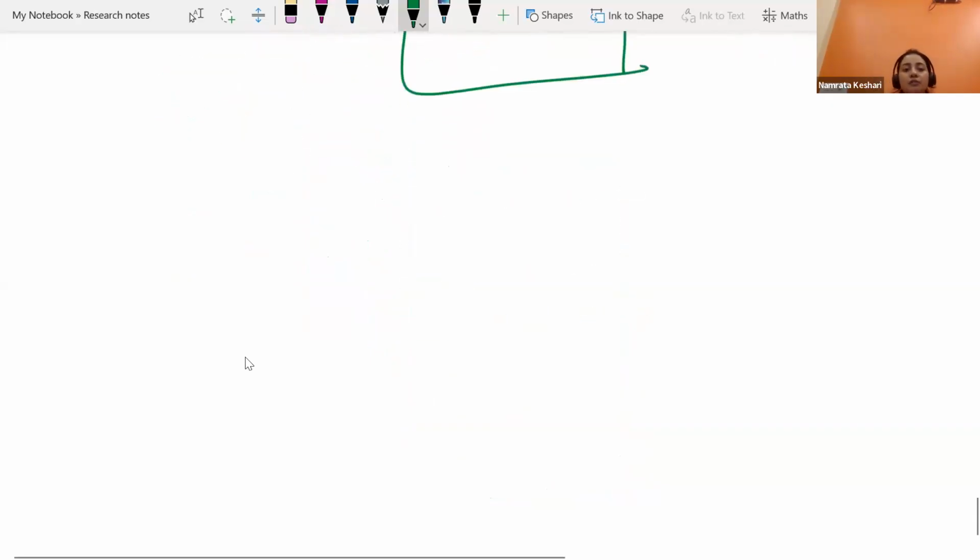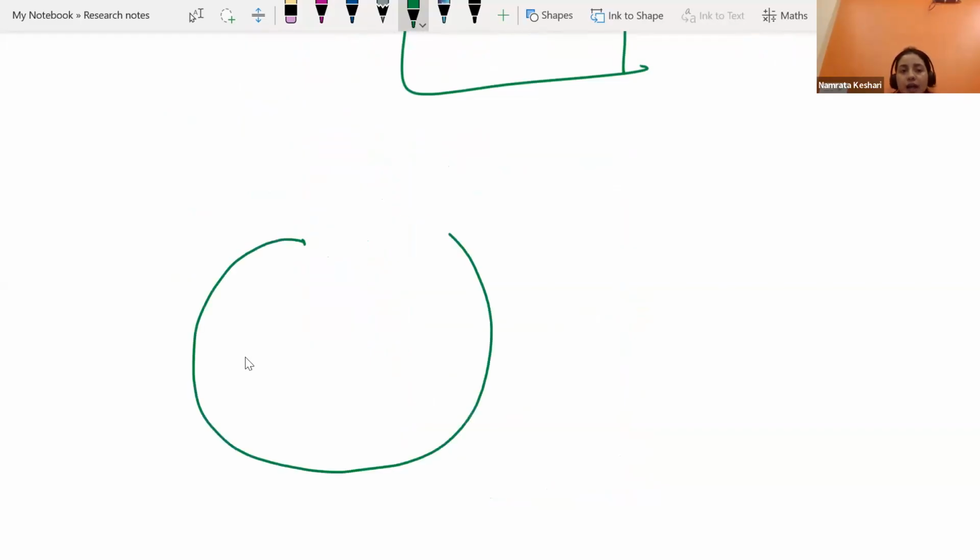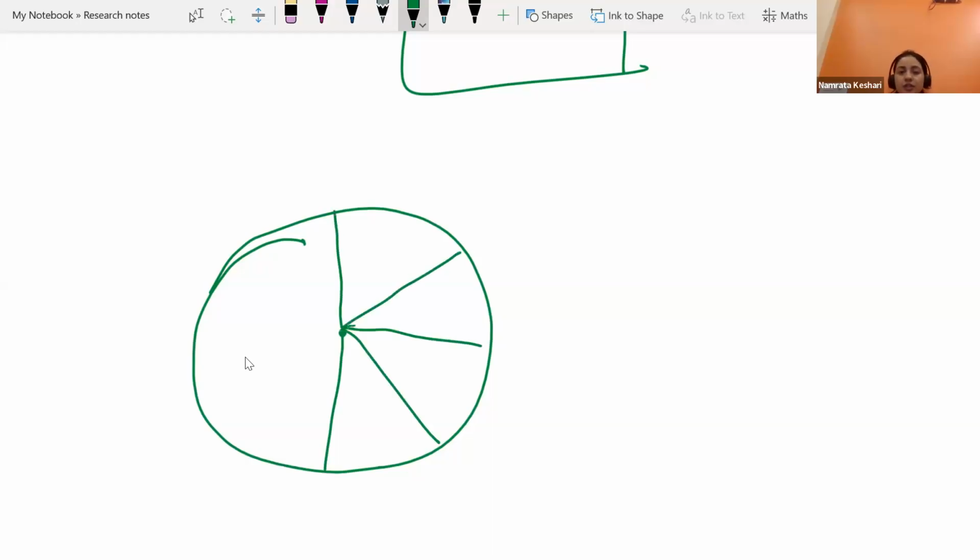Apart from that, suppose we are having a bicycle wheel. I'm drawing a wheel over here, and here the spokes are there, like this. Can I say these spokes are nothing but just the radii?